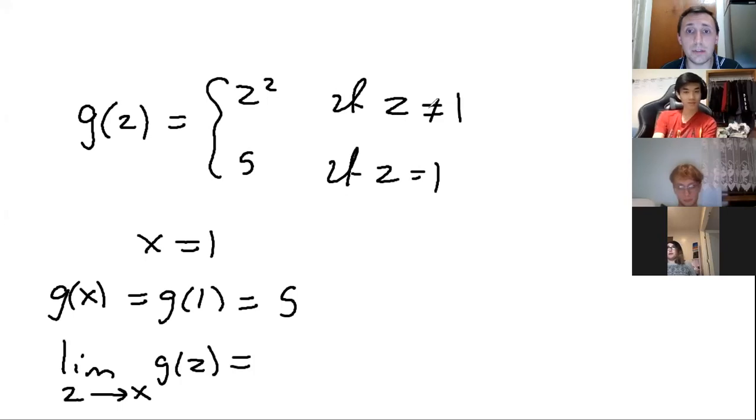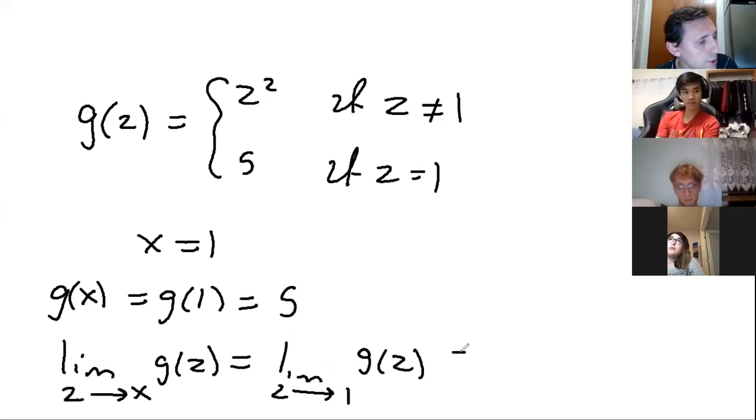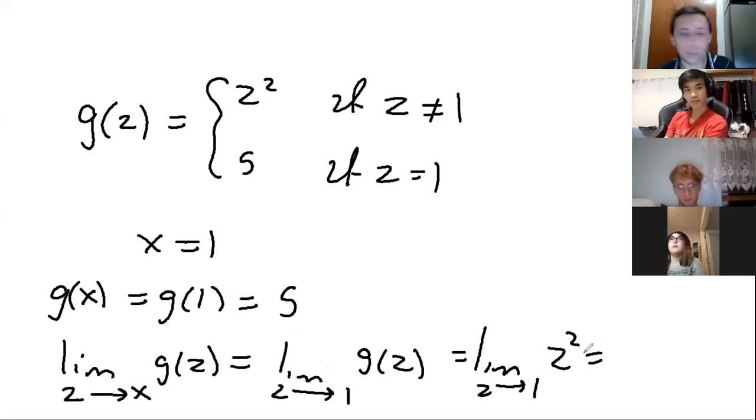That would be the limit as z goes to 1 of g of z, which is the limit as z goes to 1 of z squared, which is 1.